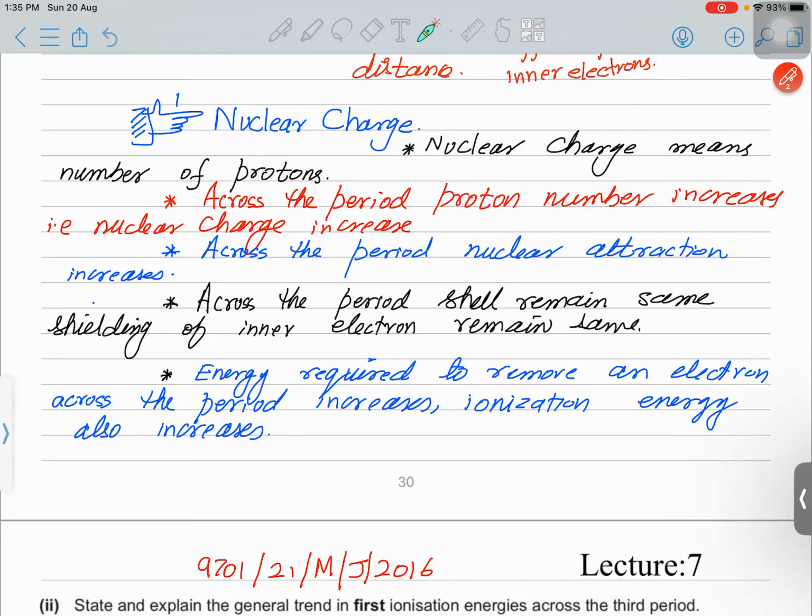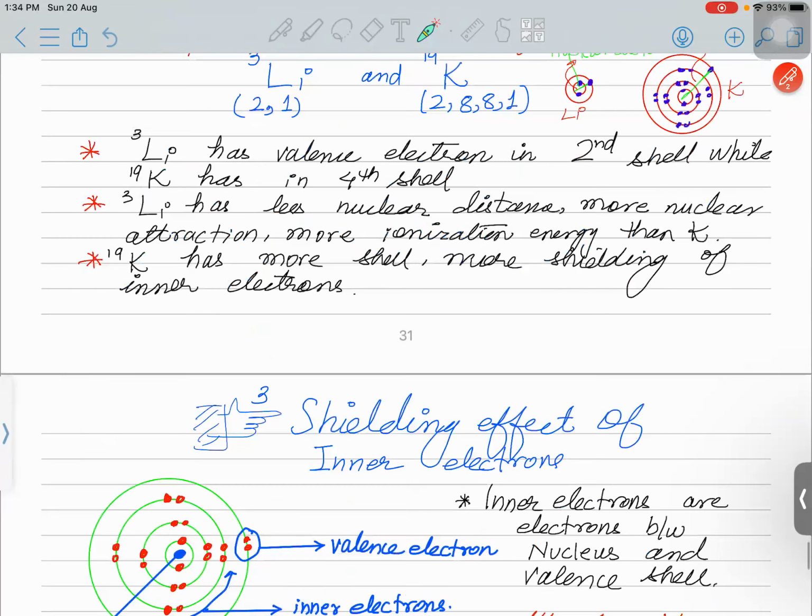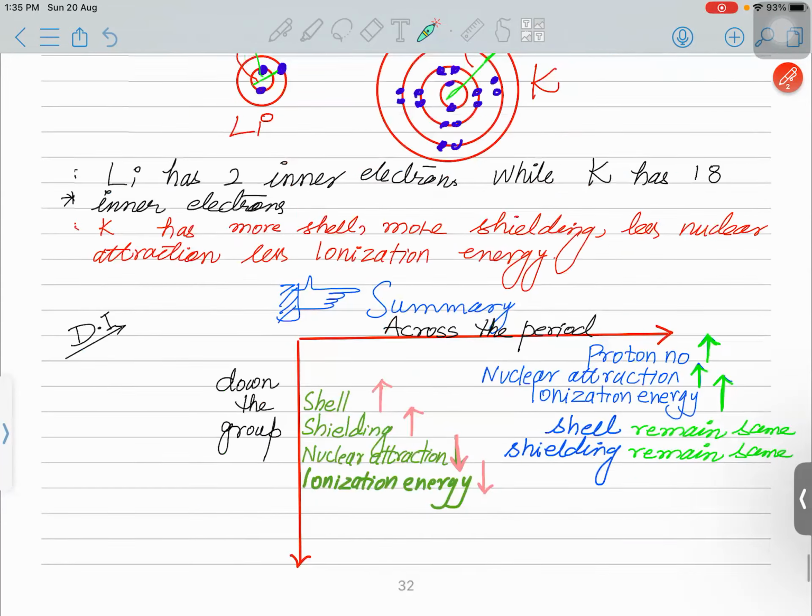Down the group, shell increases. Across the period, proton number increases. Down the group, the dominating factor is shell. Across the period, the dominating factor is the number of protons. Are you getting my point or not? Yes, sir, I got it.